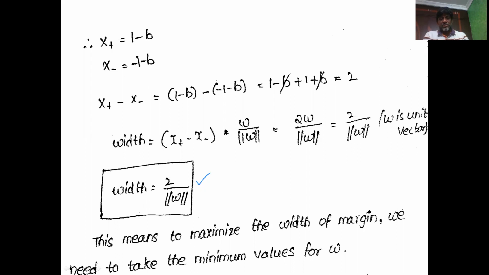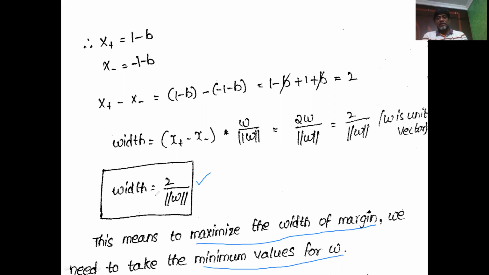If you observe, because width is inversely proportional to w, if you take maximum values for w, you will get minimum width. Therefore, if you consider minimum values for w, then you will get maximum margin for your classification problem. So remember this inverse relationship between w and maximum margin.